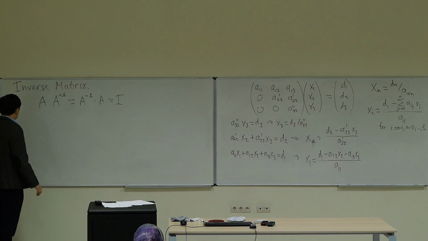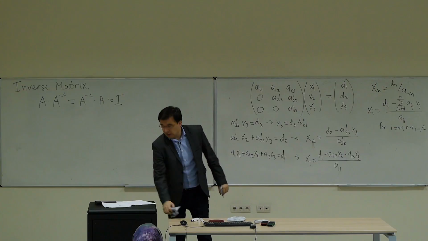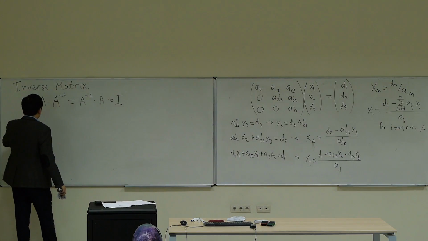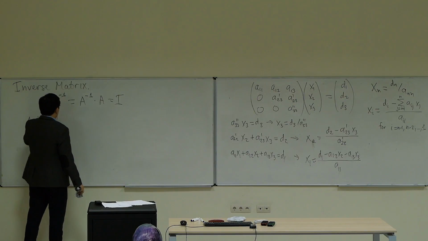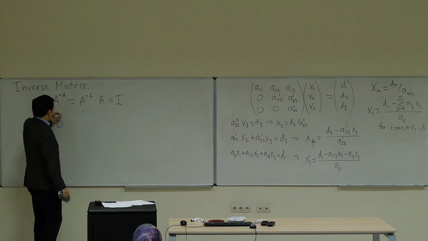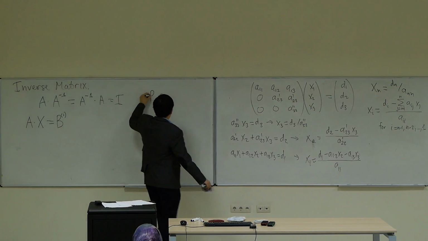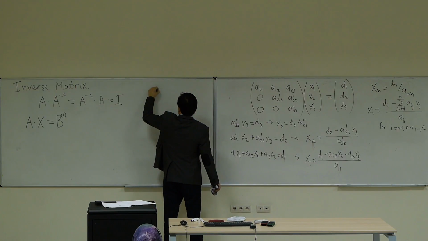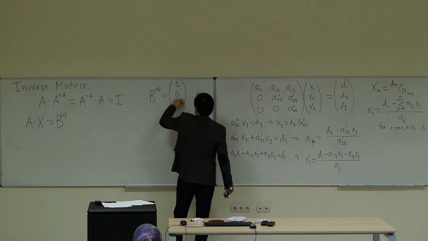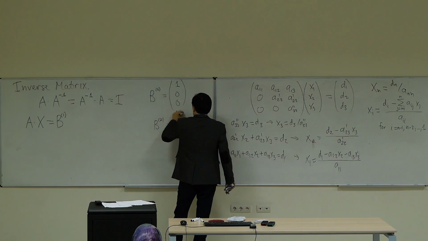All right. Let me ask you one question. I solved the following problem: matrix A multiplied by unknown x equals B. I solved three equations of this kind for three different values of B. First, I solve for this B, which is 1, 0, 0. Then I solve for the second B, 0, 1, 0.